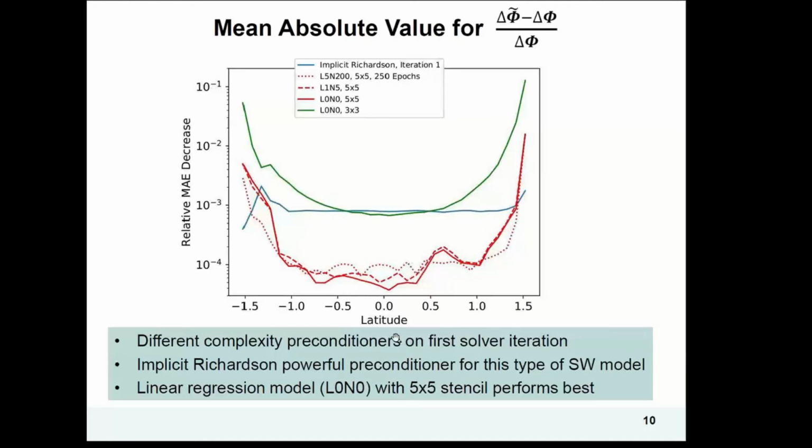And so what we implemented back into the model was this solid red line, the linear regression model with a 5x5 stencil, because it performs as well as the other ones, but is extremely cheap computationally.